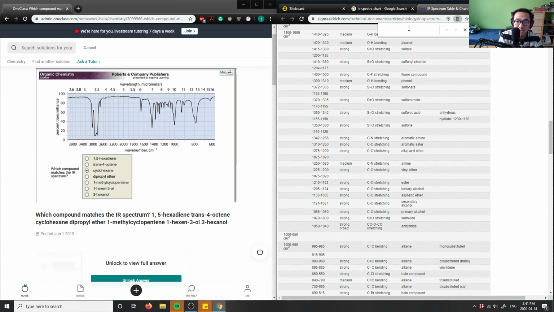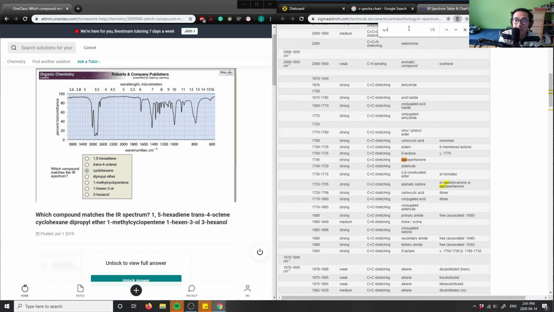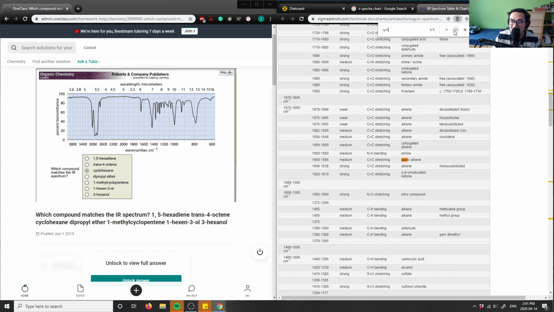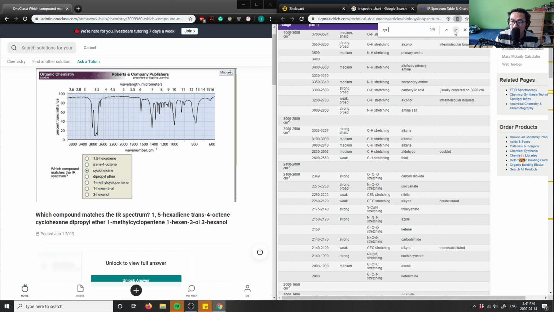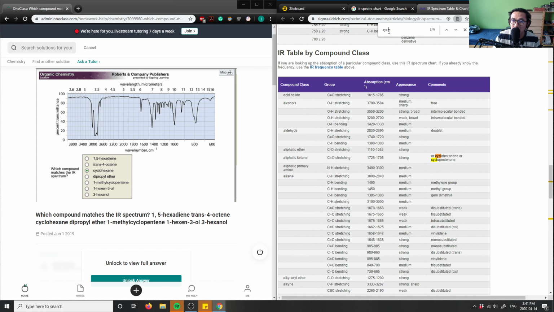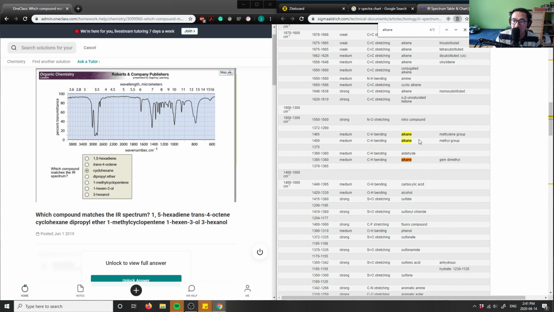I'm just going to search up cyclohexane here. So another cyclo group. I just want to see if they have cyclic alkane. I don't think they do. Let me look at alkane here. Let's see, no, this is a methyl group. I don't care about methyl groups.